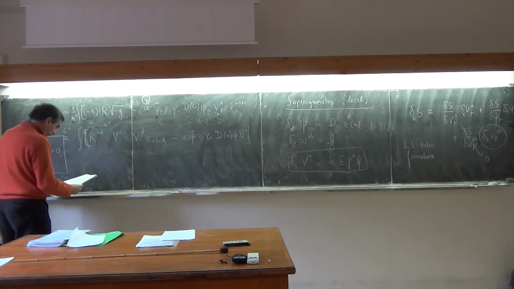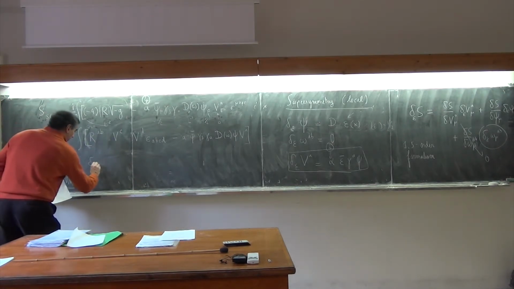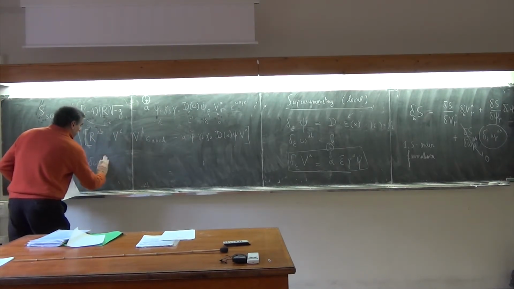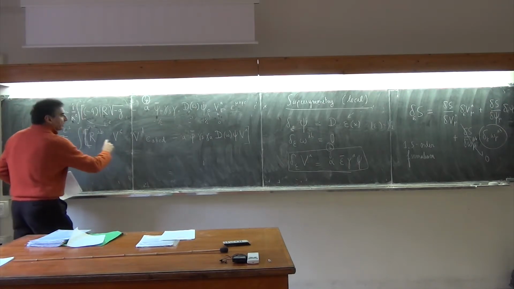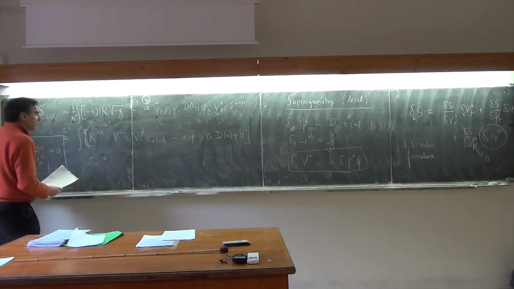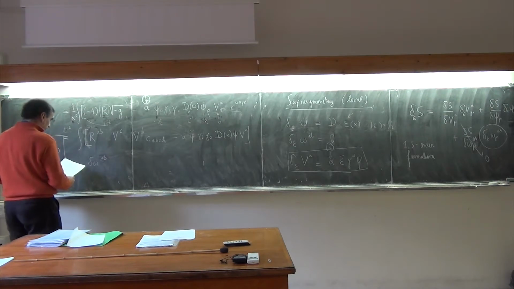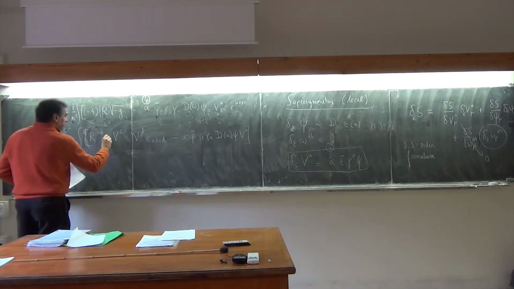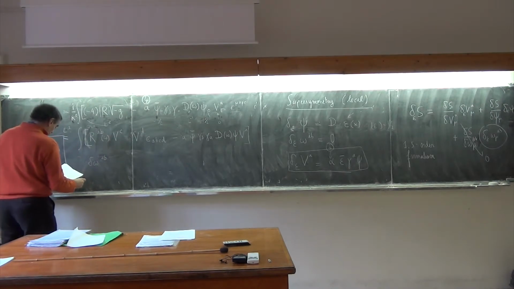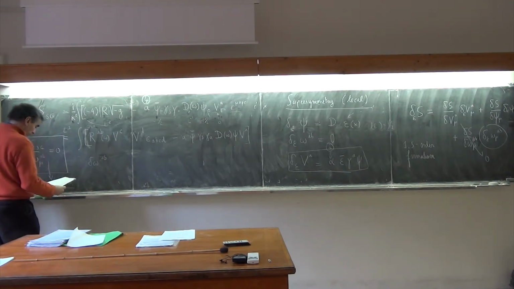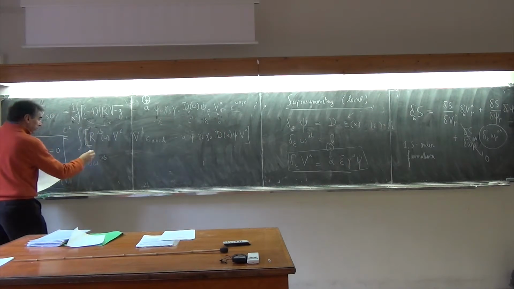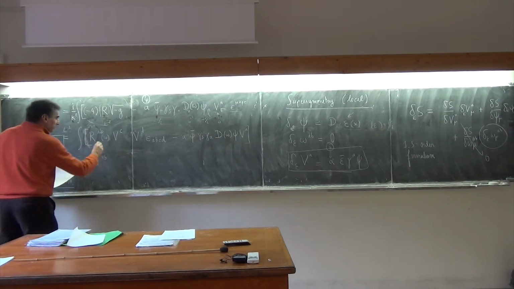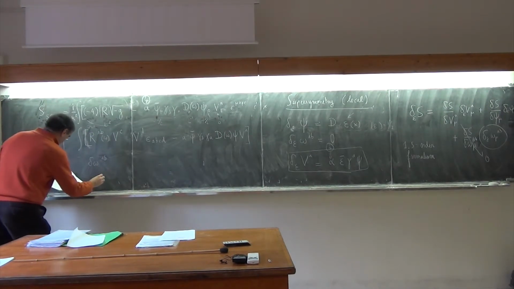So we wrote down, in fact, the variation of this Lagrangian when I vary the spin connection. This depends on the spin connection, and we saw that this would give the variation. Well, we already wrote down the formula, and the formula was the following.